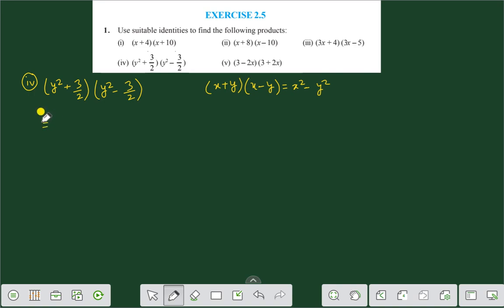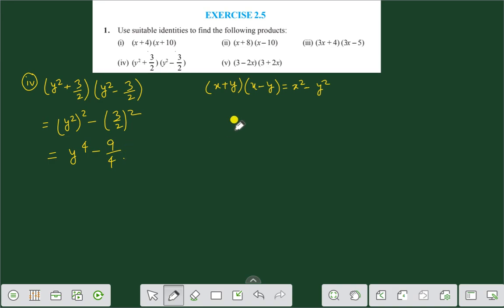That we are getting (y square) whole square minus (3 by 2) whole square, or y to the power 4 minus 9 by 4. That is the answer of question number 4.